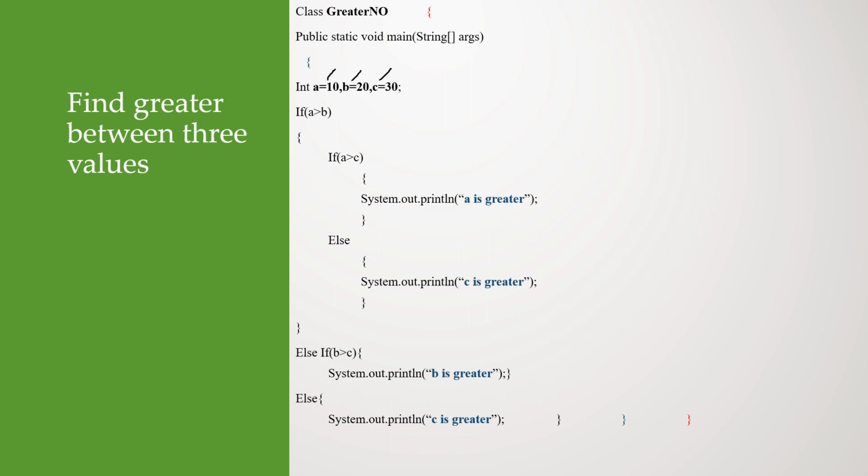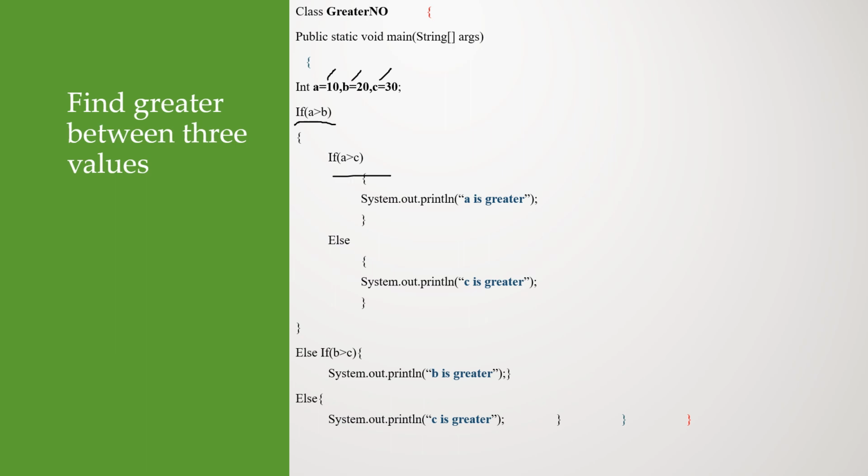Last time we used A or B. Here we use a nested if, as you remember from the concept: if A is greater than B, then B is the lesser value, so it will execute and go inside.